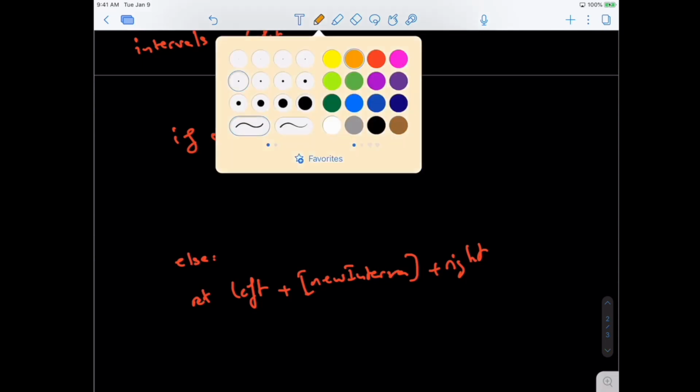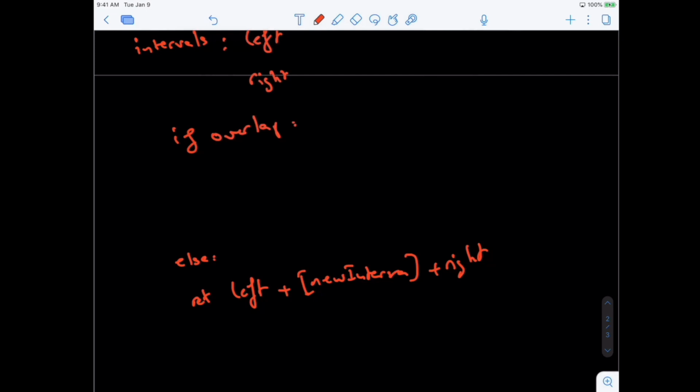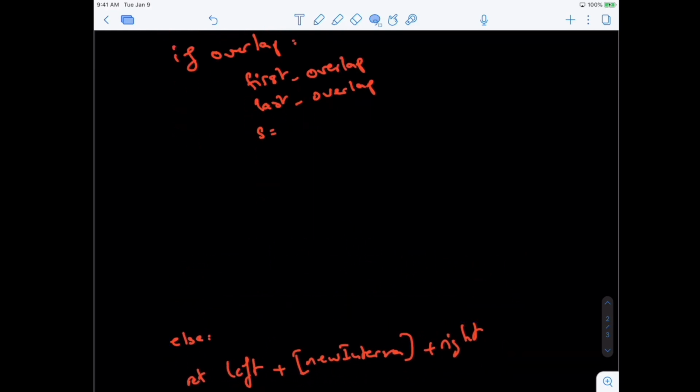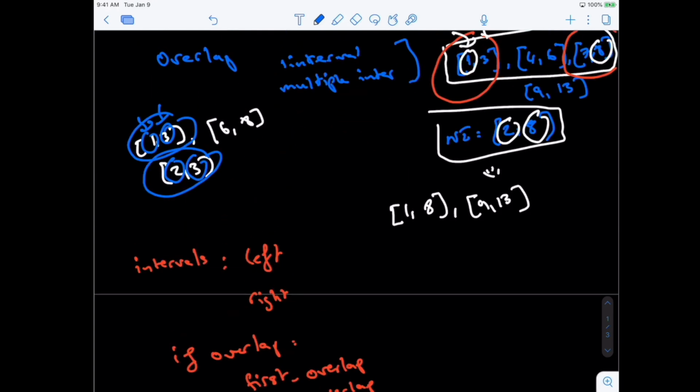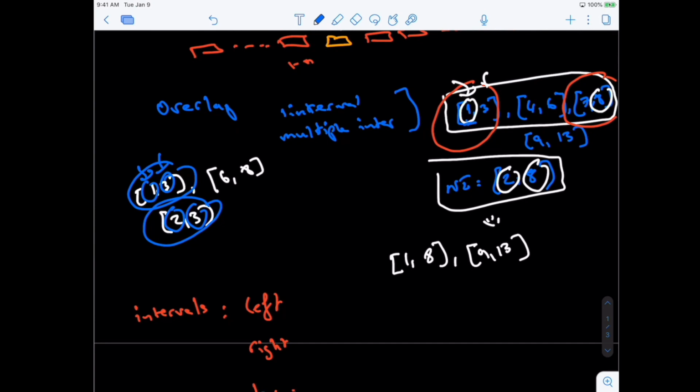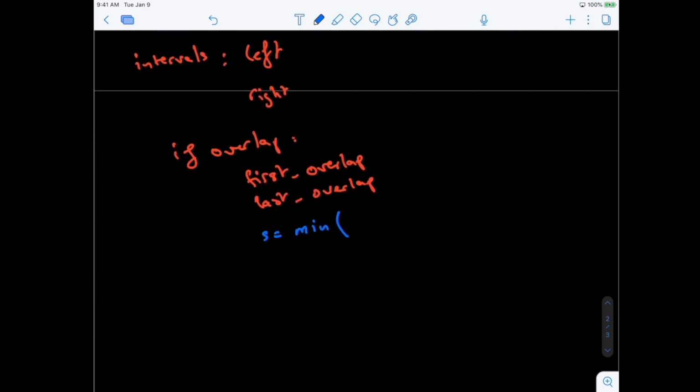And so how do we do this? Well, we just need to find the first overlap interval and the last overlap interval. Once we found those, then the start of the interval we want to add needs to be the min between the first overlap start, which is index 0, and our own start, the new interval start.